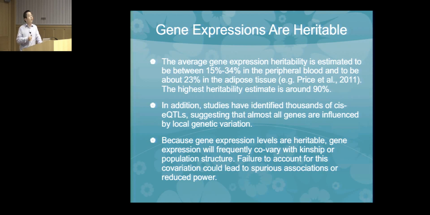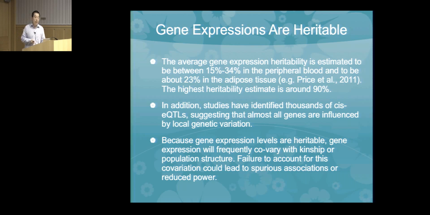In fact, if you perform a relatively large population study and try to see how much proportional variance in gene expression level can be estimated by genetic basis, that is, to estimate the so-called gene expression heritability, you can see that gene heritability is relatively large. The average gene expression heritability in peripheral blood is estimated to be 15% to 34%, depending on which data source and which sample size you use.